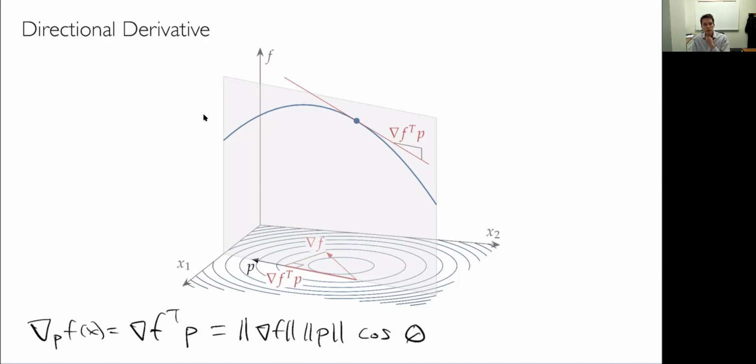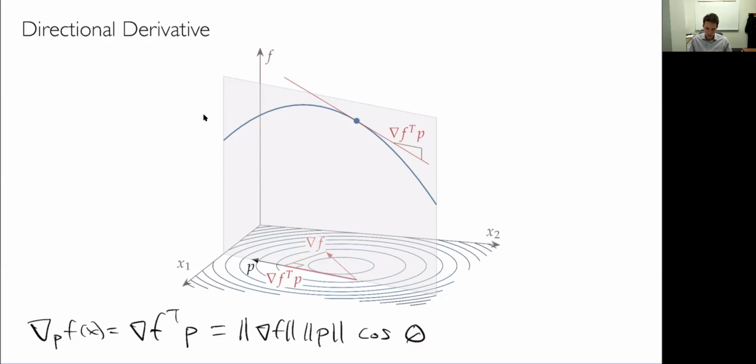So from this definition, how do we know that the gradient is the direction of steepest increase? Take a moment and look at that equation and see if that makes sense to you. Remember the dot product: when is it maximum? It's maximum when theta is 0, that's the biggest dot product.